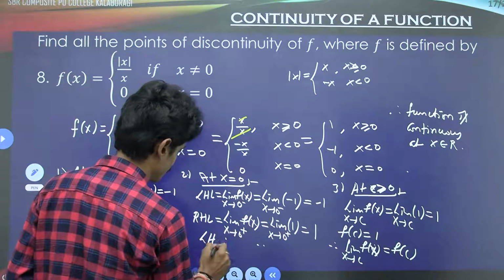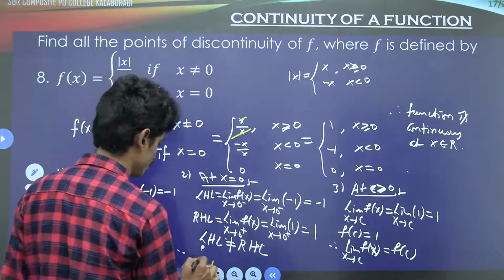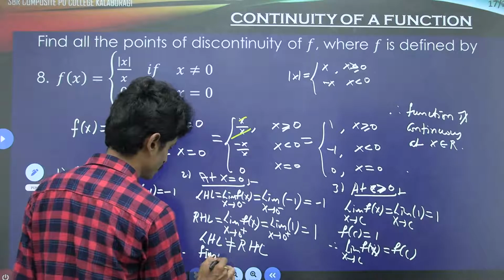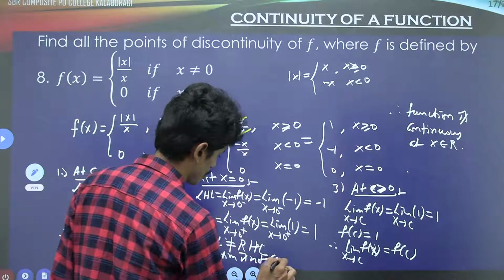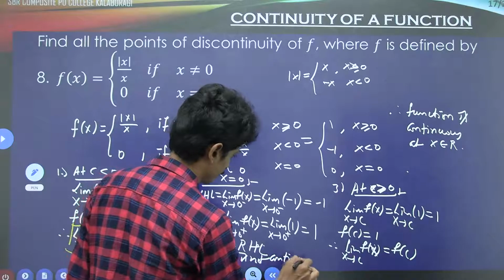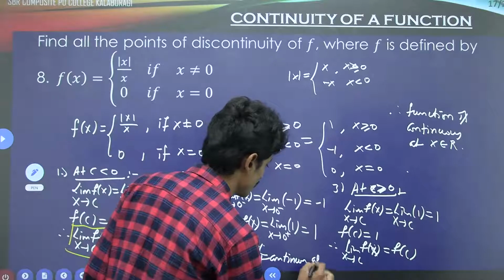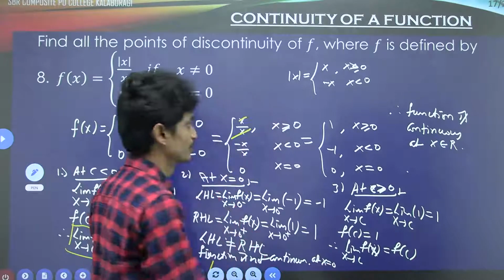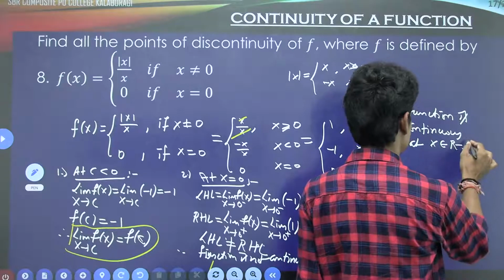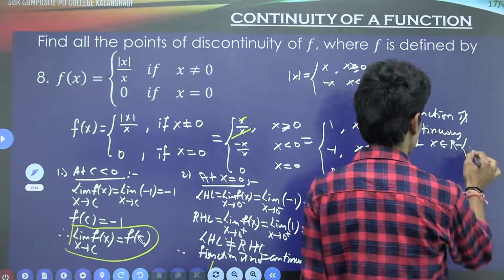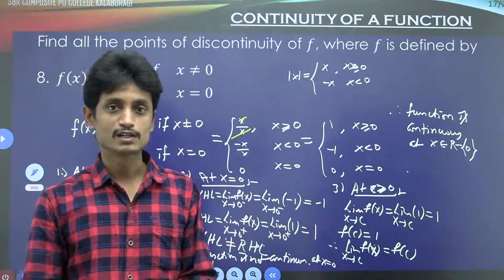Left limit is not equal to right limit, so the function is not continuous. Sorry, here something is missing. The function is not continuous at x equal to 0. That only we can write. The function is continuous at x belongs to R minus the set containing element 0. Except 0, everywhere the function is continuous.